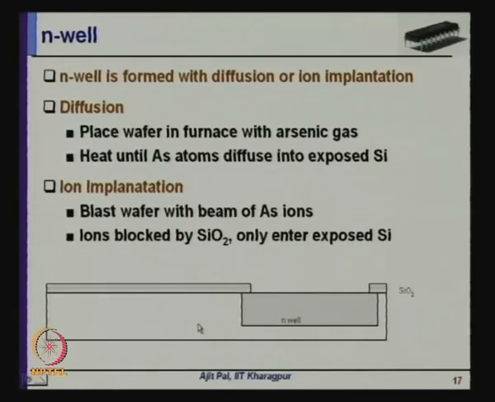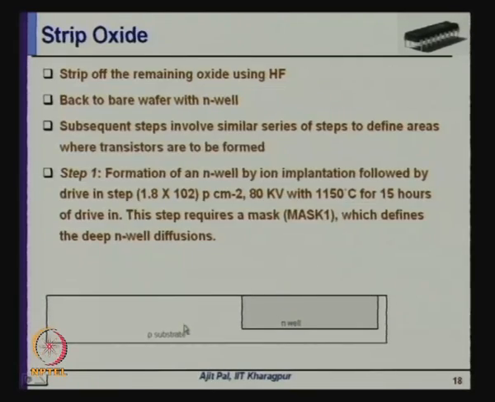So, you have got a lightly doped area of p type and a lightly doped area of n type, where you can create two different types of transistors. Now you have the substrate with N-well. Strip off the remaining oxide using hydrofluoric acid, then you are back to a bare wafer with N-well. This is what is being shown in this diagram.